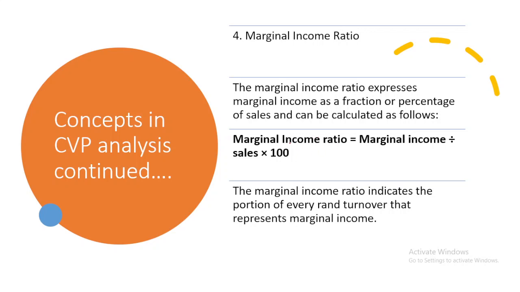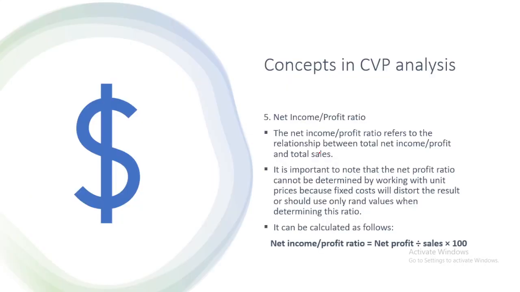So please make sure that you remember that part. It says that the marginal income ratio indicates the portion of every rand of turnover that represents marginal income. To say that from the revenue that we generated, 30% of that revenue is our marginal income. That's what the marginal income ratio actually explains.